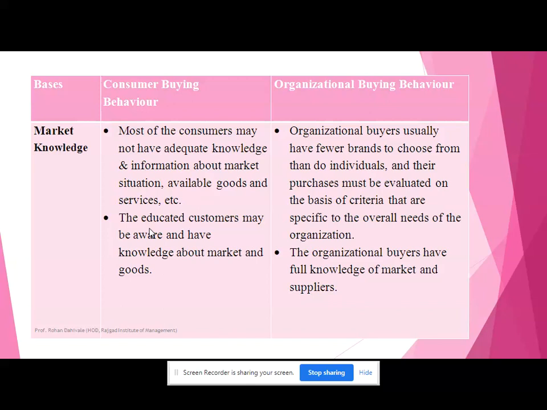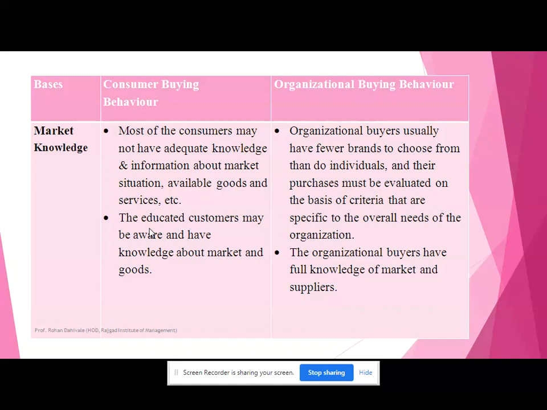They are just interested in buying the products, maybe with good quality or cost effective. The educated customers may be aware and may have knowledge about market and goods.